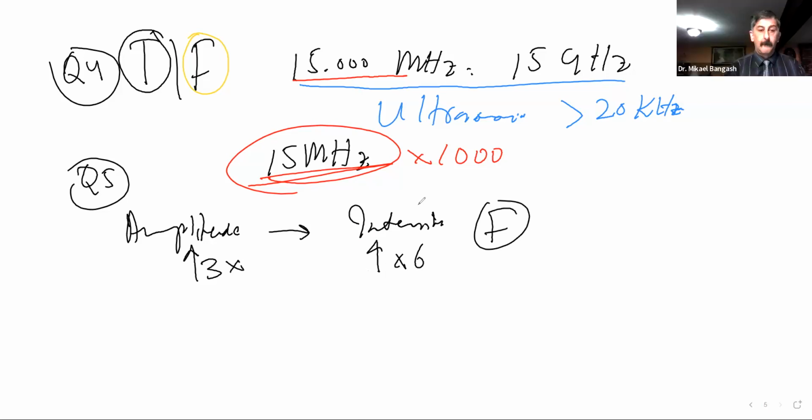Clear? Now that's mainly because some people may not know what the squaring means here. The squaring means that this 3 times here is going to be multiplied by itself.